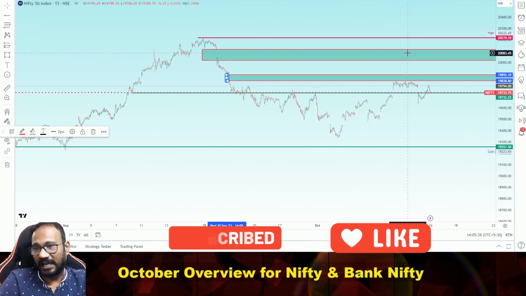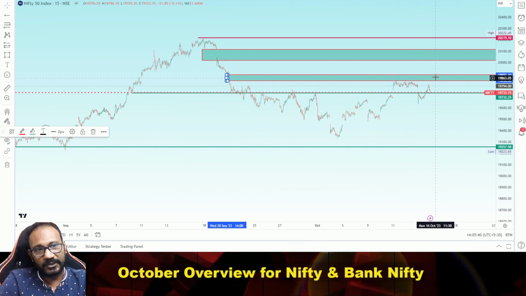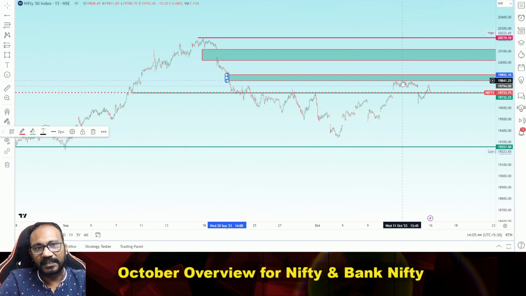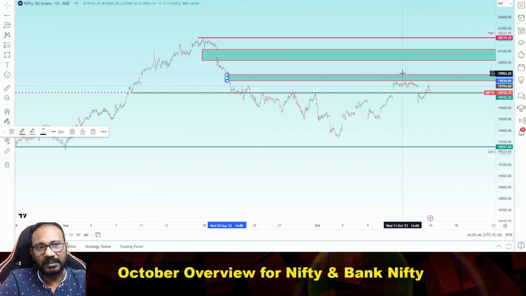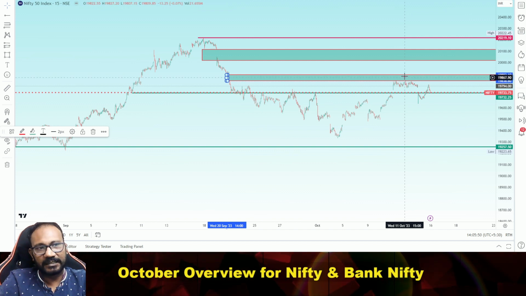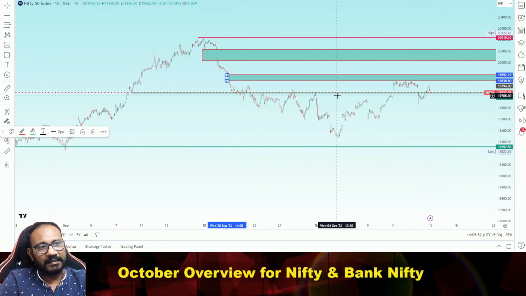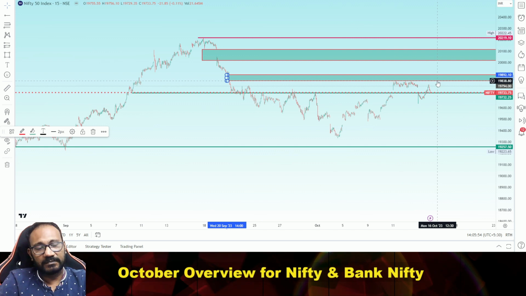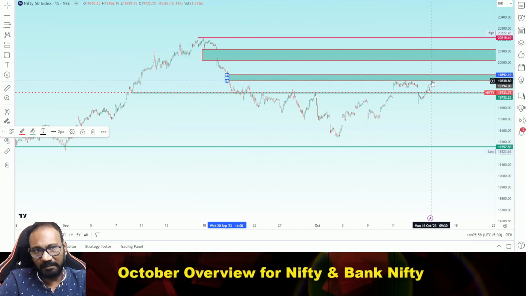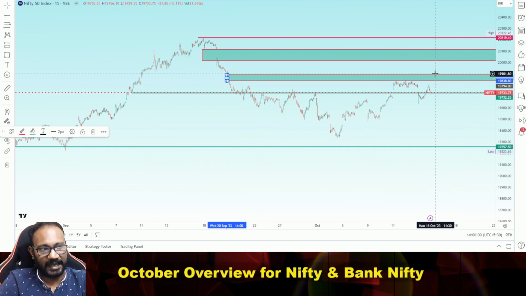I don't see it happening. Plus, there is also another level that has to be cleared, which is around 840 to 900. This is another important level that needs to be cleared, and I don't see the market reaching over here. But there is a likely scenario that the market might attempt to close this gap.